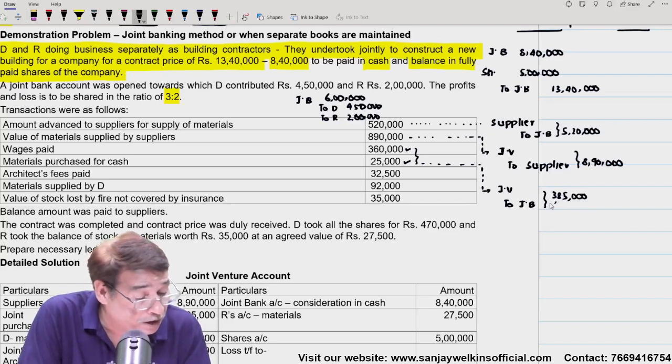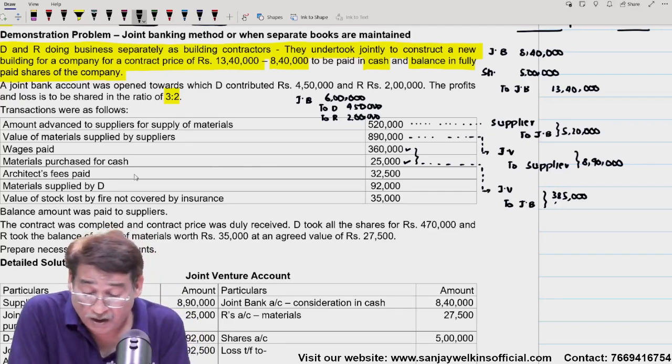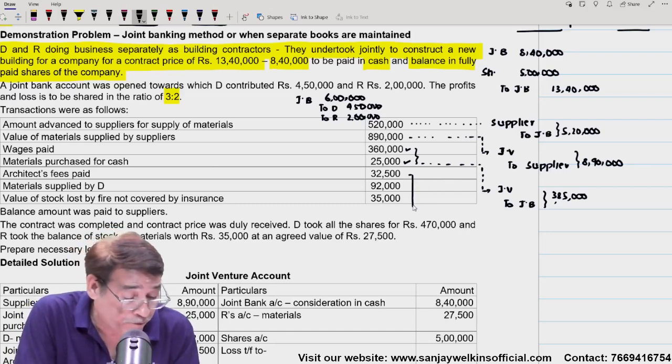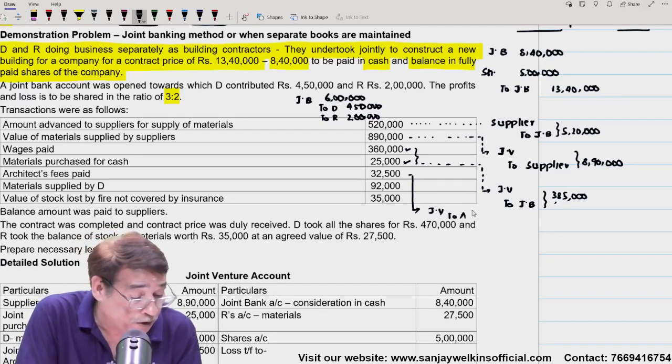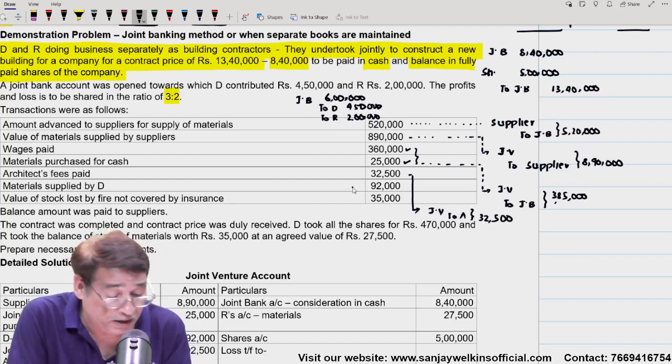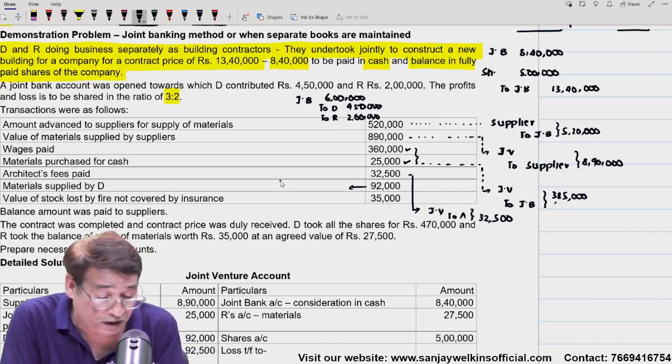You are going to pass this entry, correct? Then architect fee paid by A. Your entry will be joint venture account debit to A account, 32,500. Material supplied by B. Entry will be joint venture account debit to D account.